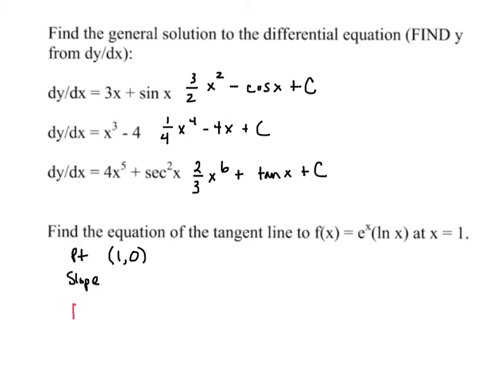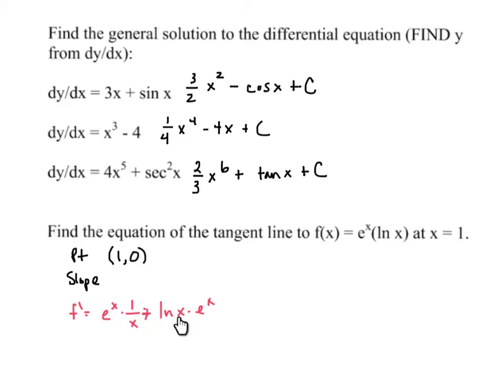So I'm going to need to use product rule. So first, multiplied by derivative of the second, plus the second, multiplied by derivative of the first. Okay. And again, now evaluating that at 1, well, e to the first multiplied by 1 over 1 is e.